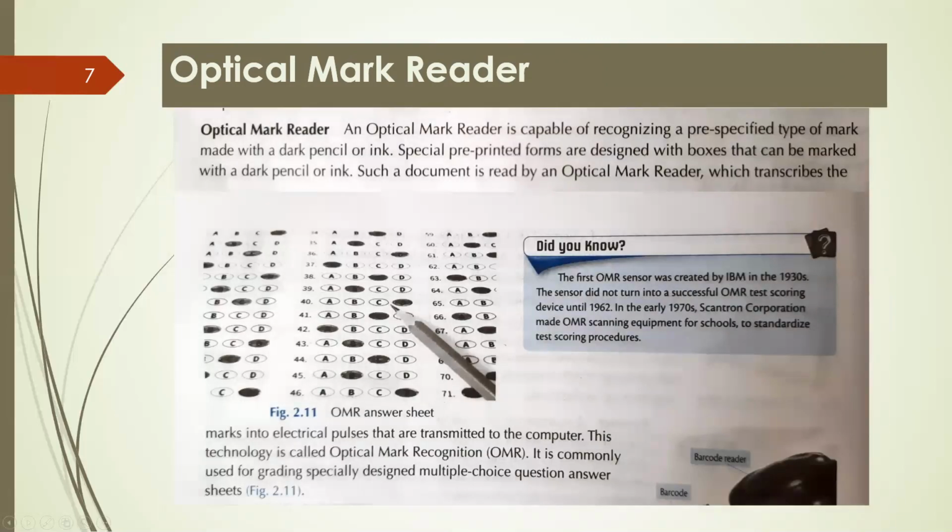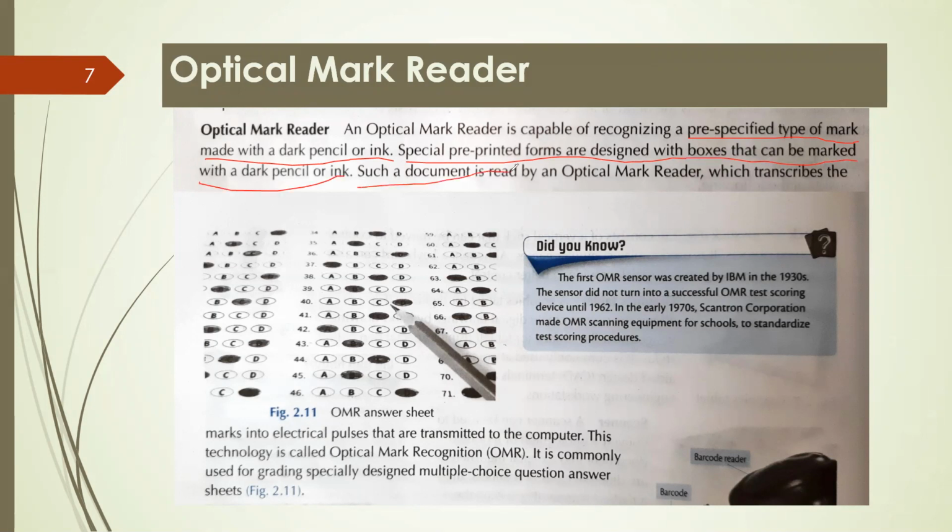Optical mark reader. An optical mark reader is capable of recognizing a pre-specified type of mark made with a dark pencil or ink. Special pre-printed forms are designed with boxes that can be marked with a pencil or ink.